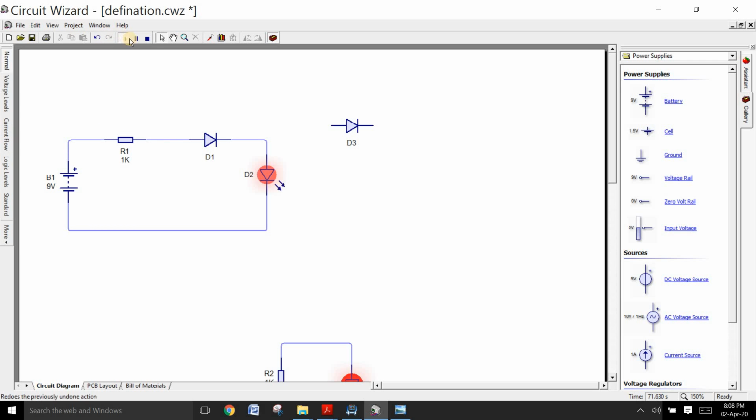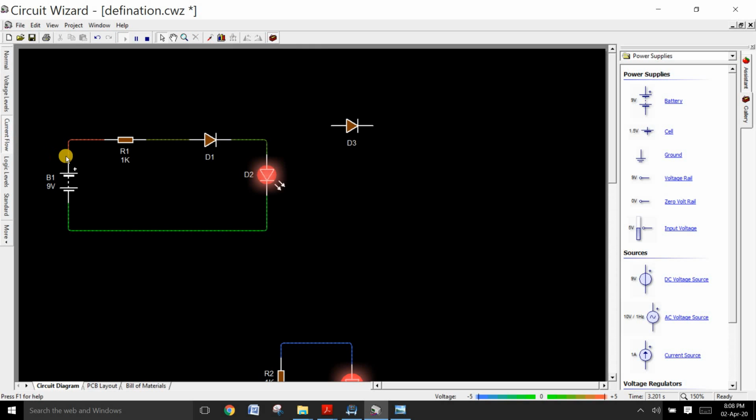Let me show you this. Okay, let's turn it off. Okay, let's turn it back on. It glows. Let's show the current movement. Current moves from higher potential to lower potential. That means current moves from positive to negative, right? According to our definition, diode allows a unidirectional flow of current.